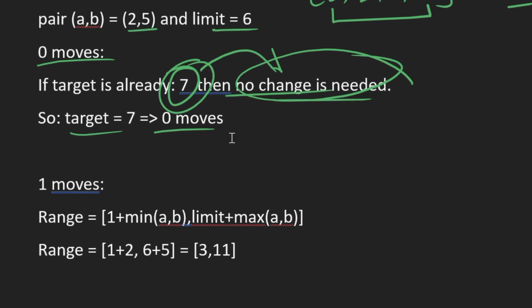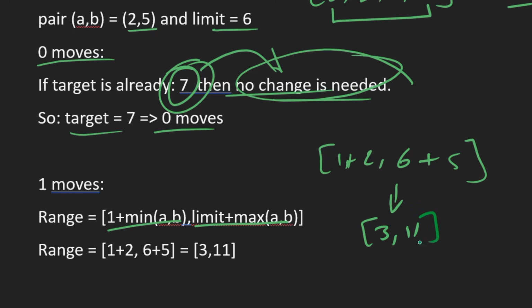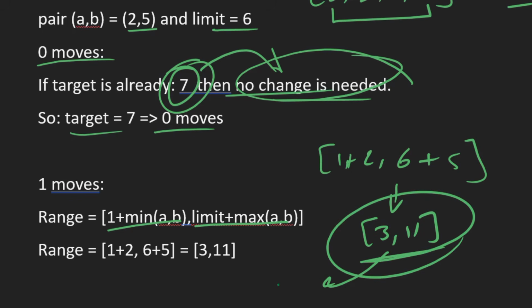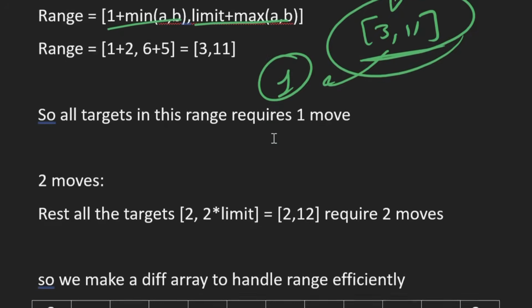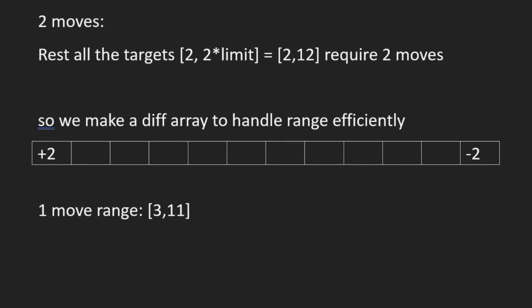Then for the one move case, our range will be 1 plus minimum of a comma b, to limit plus maximum of a comma b. So 1 plus minimum of 2 comma 5 is 2, and limit 6 plus maximum of 2 comma 5 is 5. So the range from 3 to 11, these target sums require only one move, right? And the rest of the targets in the range 2 into 2 to 12 require 2 moves.